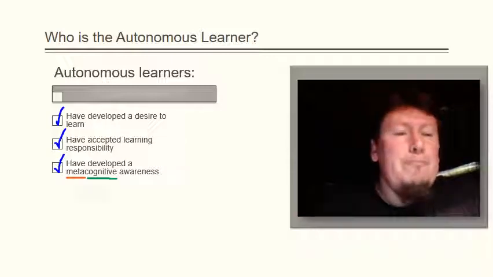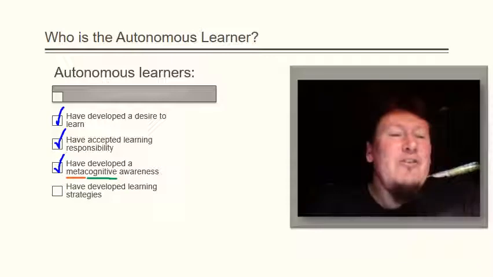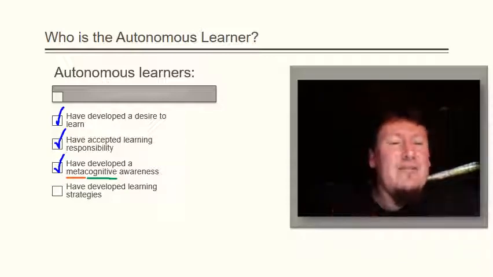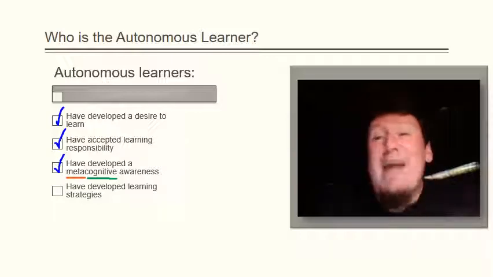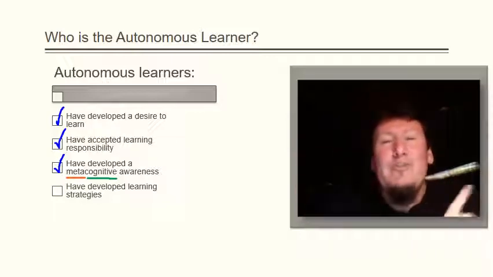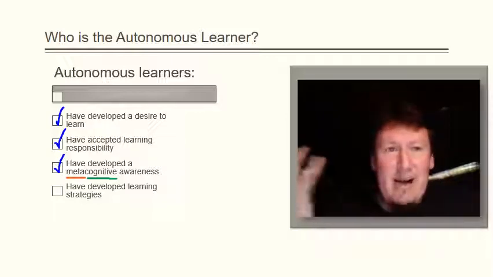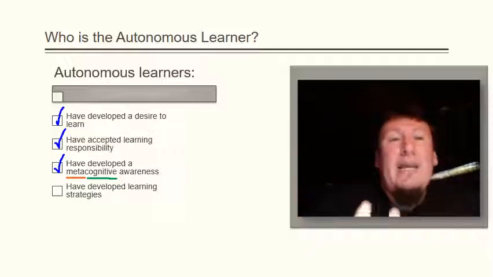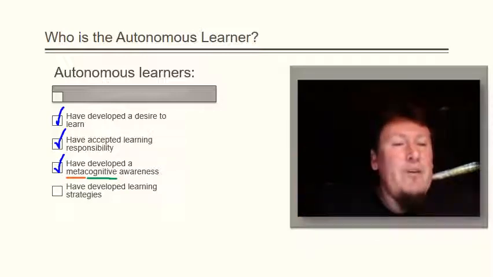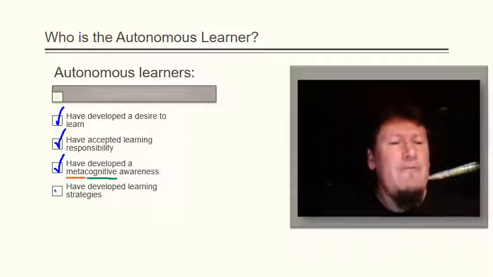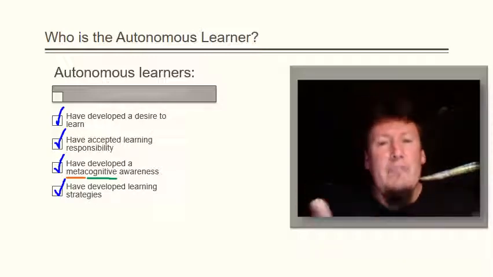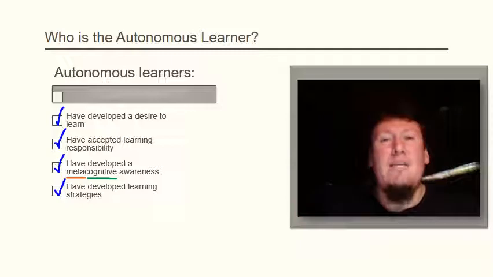Moving forward here, the autonomous learners have developed learning strategies. Again, this also was mentioned in the autonomy as a concept, but now we're applying it and attaching it to people. Like I mentioned before, you have strategies, but the strategy is dependent on the content and the form of the content.